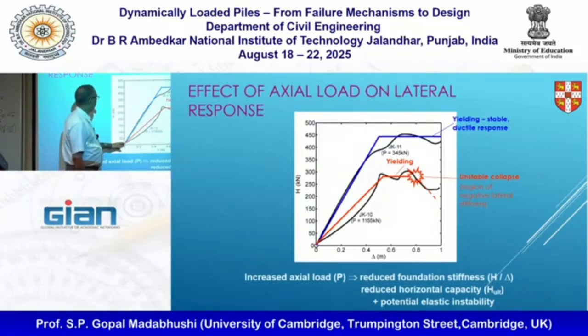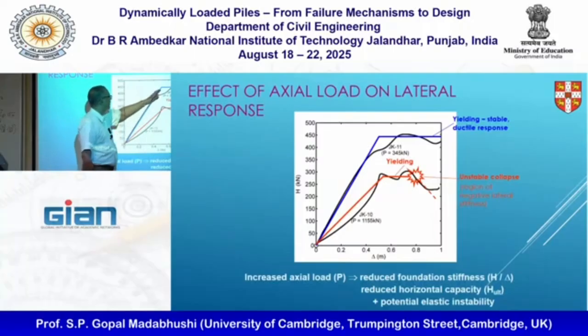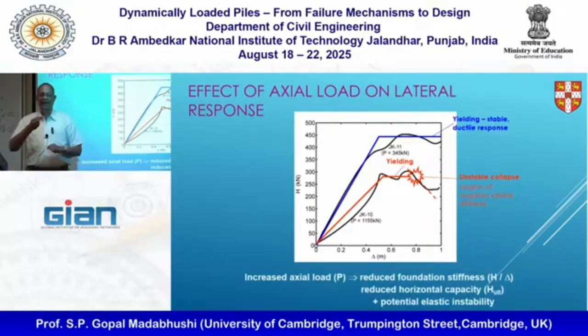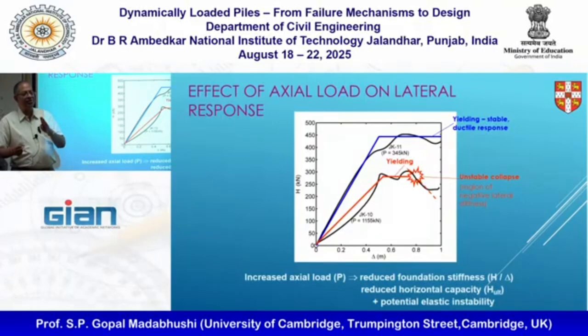So if I make my axial load smaller, then I'll follow more or less the blue line, reach some peak, and I will get slow yielding of the pile, and it will continue to deform as the plastic hinges form, because my axial load is relatively small.